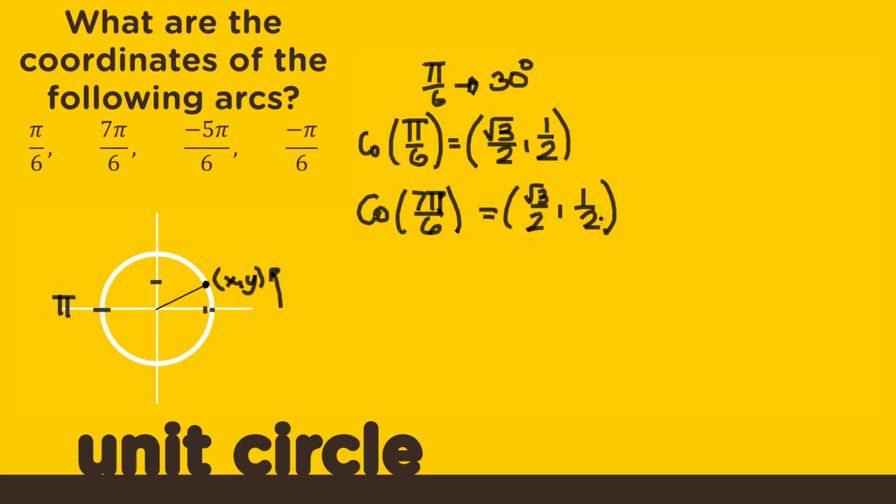Simply copy that, and we are going to complete this by analyzing which quadrant the terminal point of this arc will fall into. So let's look at our pi here. Of course, our pi over 6 will be divided into 6 parts. So we have this part here, and this part here as well. So we have 1, 2, 3, 4, 5, 6, assuming that my division is correct.